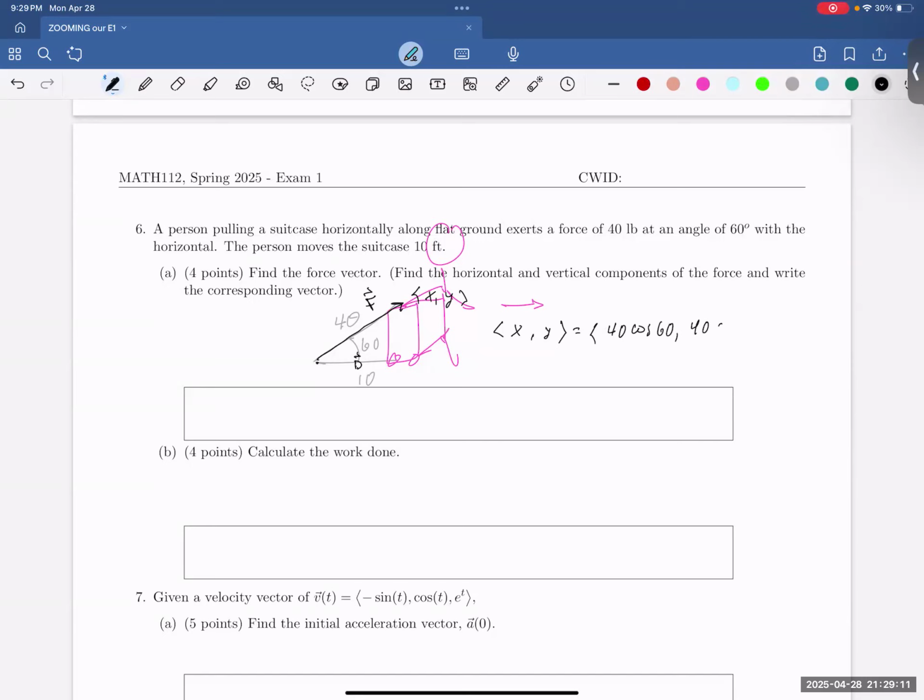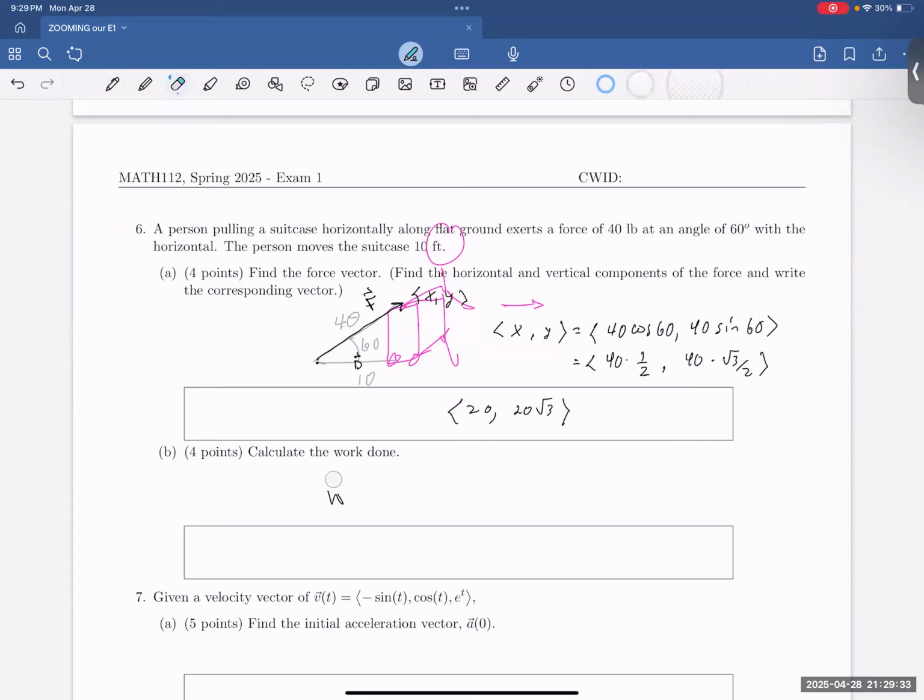Y is the length of the vector times sine of the angle. 40 cosine 60 is a half, 40 sine 60 is root 3 halves. So this is going to be 20 and then 20 root 3 for the force vector.